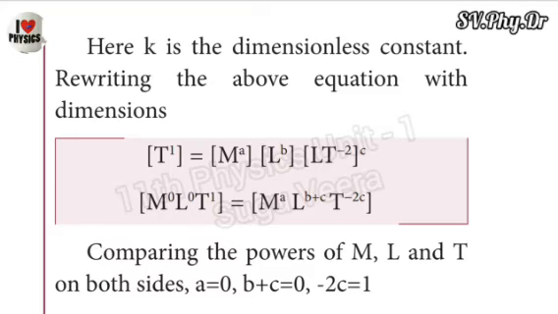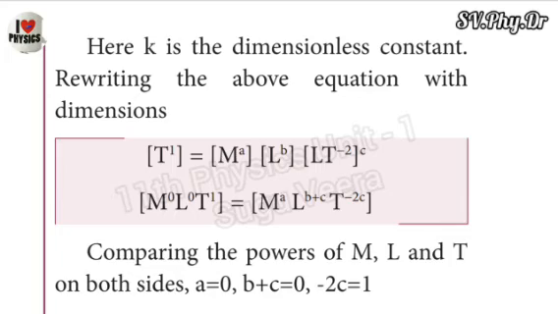Rewriting the above equation with dimensions, T power of 1, that is M power of 0, L power of 0 and T power of 1. I mean a massless and lengthless quantity, only time is present in the pendulum.